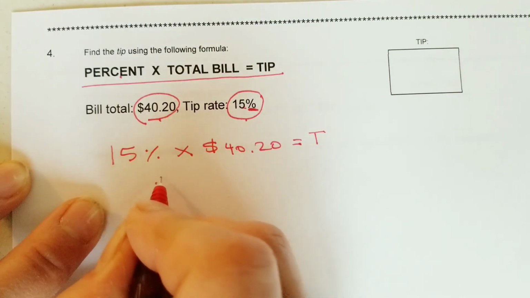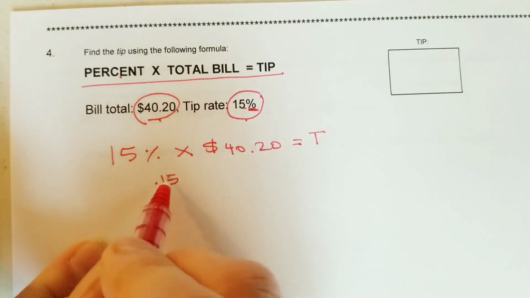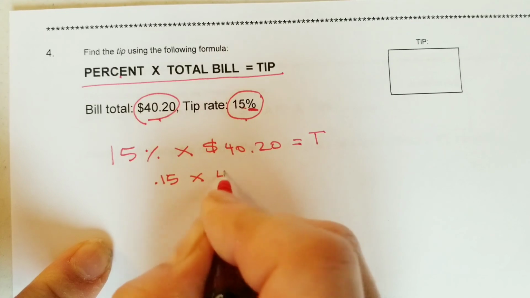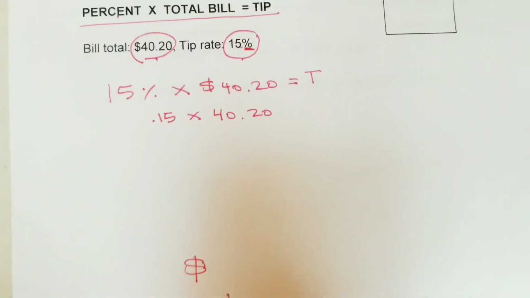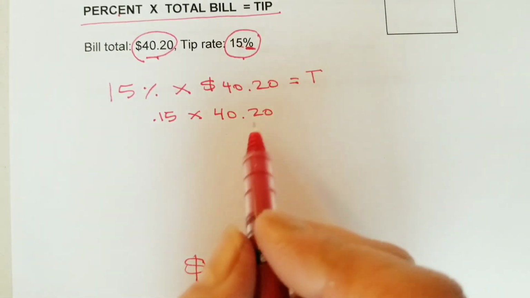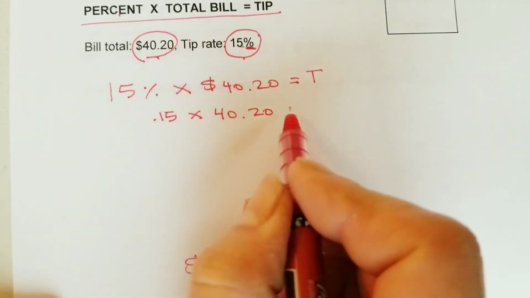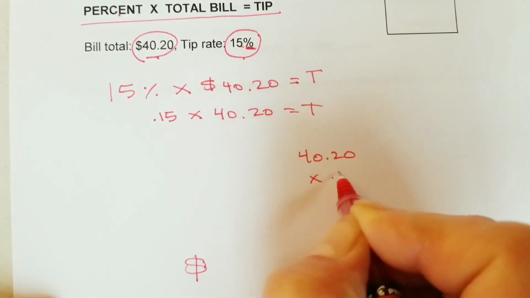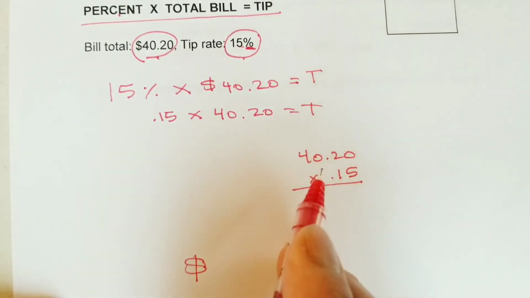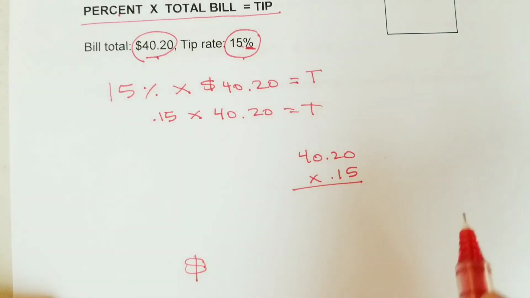Okay, so 0.15, changing 15% to a decimal, times 40.20. Remembering to put a $ sign down here. Remember, it's a dollar amount. So now we're going to multiply $40.20 times 0.15, and do this carefully so you get the right answer.